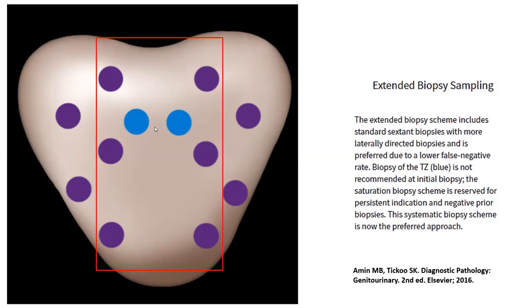So this is the extended biopsy sampling procedure, which is now known as the systematic biopsy procedure, wherein basically you have got the base, the mid-gland, and the apex sampled out as the right and the left, as the lateral and the medial aspects of those two sides of the prostate.